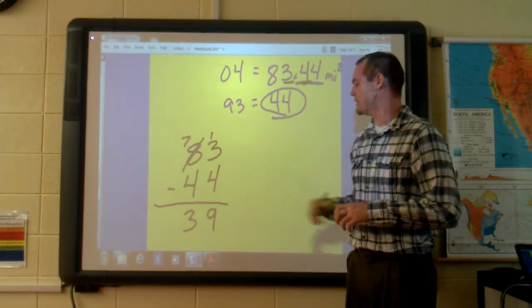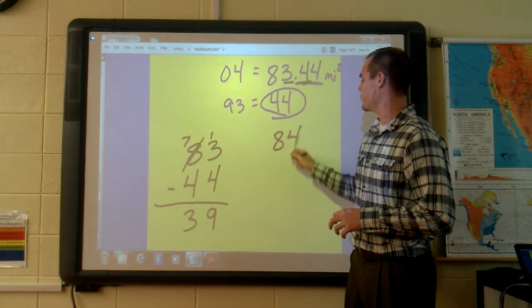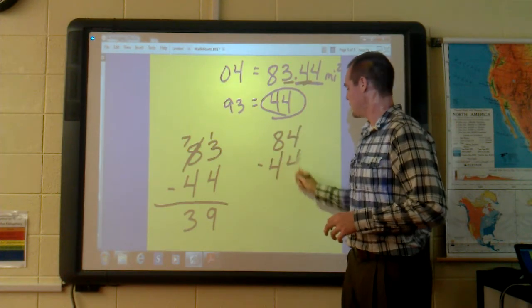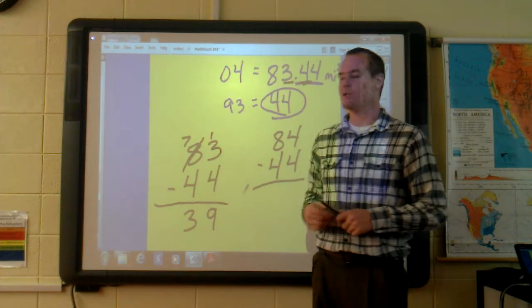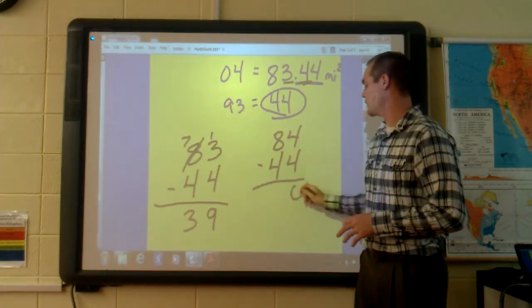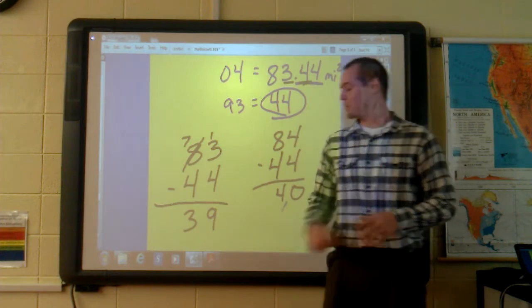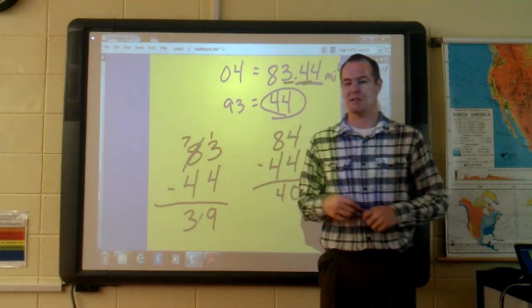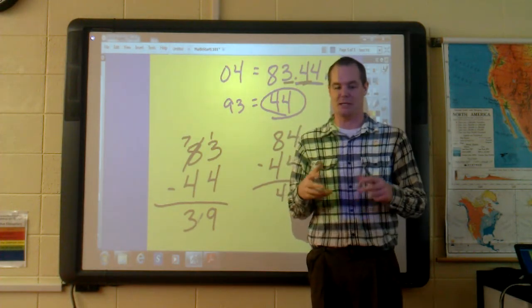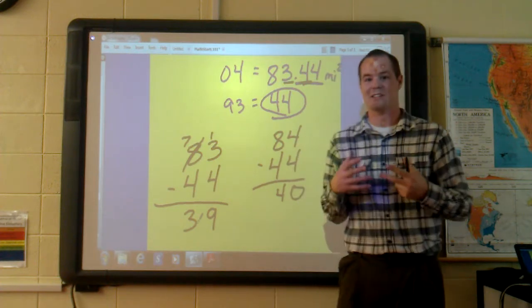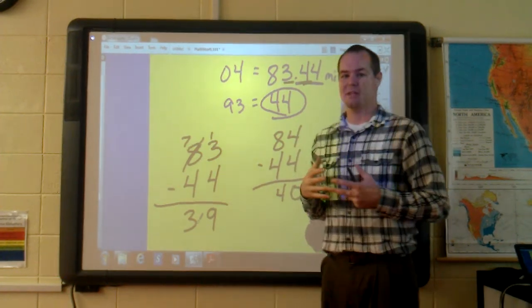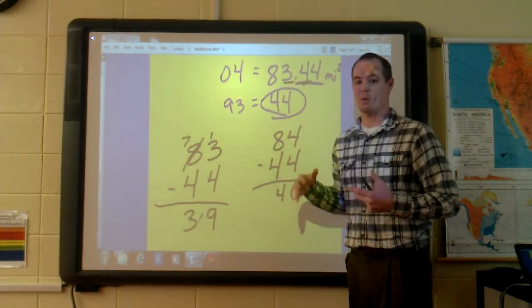It might be a little bit easier to round it to 84 just because this is an estimation, and then you would get 4 minus 4 is 0, 8 minus 4 is 4. It would be approximately 40 miles, approximately 39 miles. Either answer is acceptable because you're using estimation. We're not looking for exact answers in these particular problems where we use rounding.